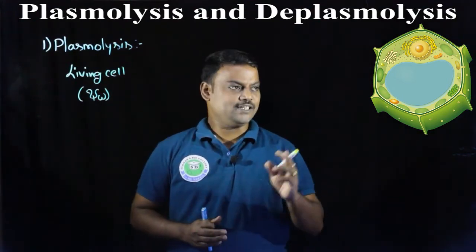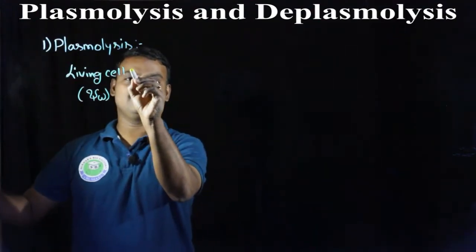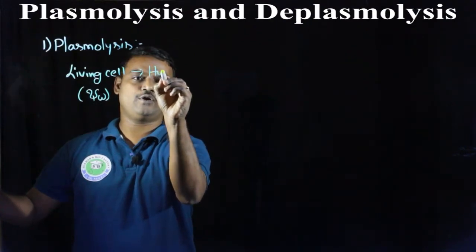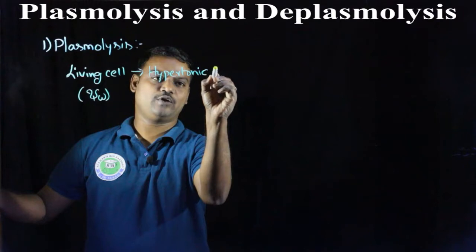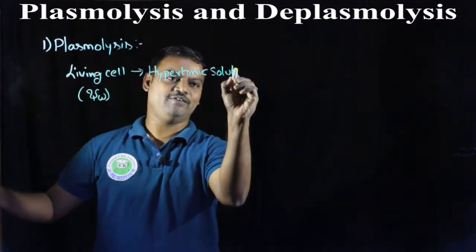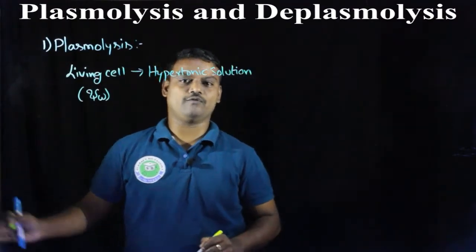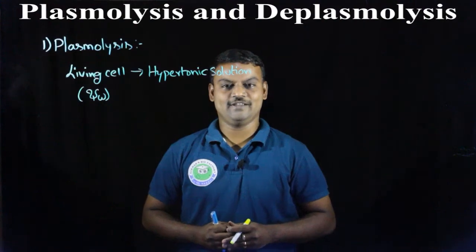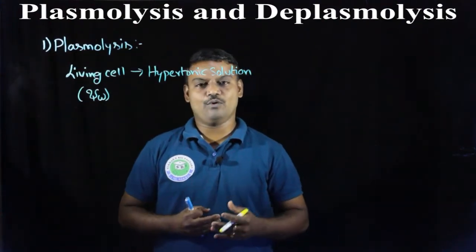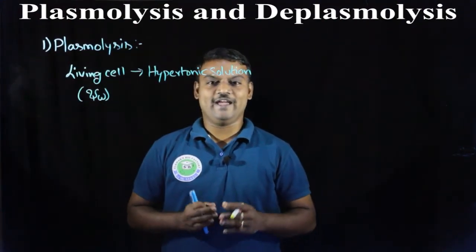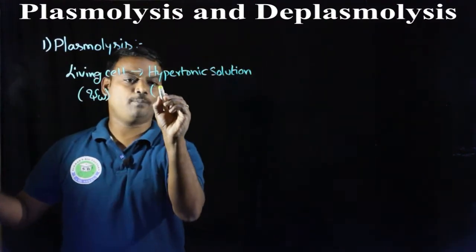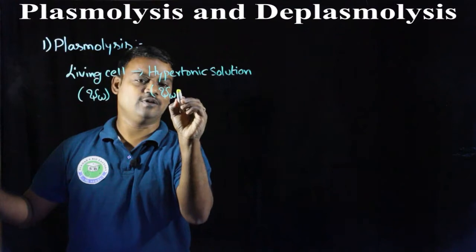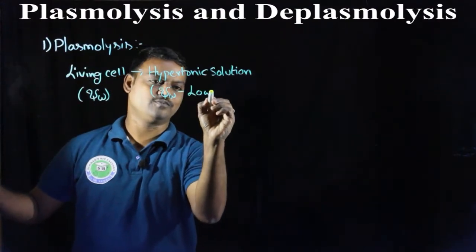Now keep this living cell in hypertonic solution. Hypertonic solution has more solute particles, so its concentration is high, but its water potential value is low.